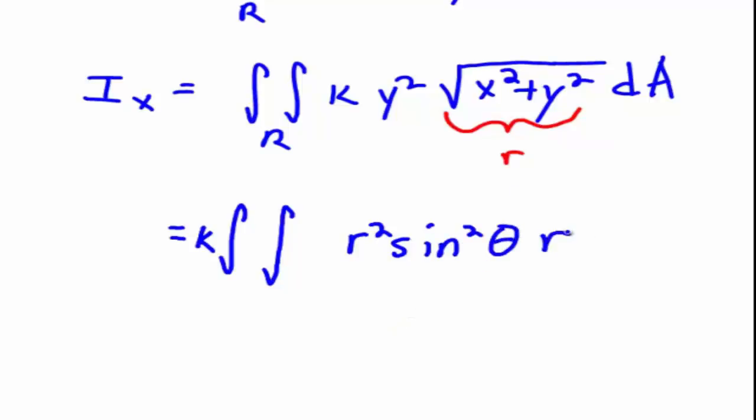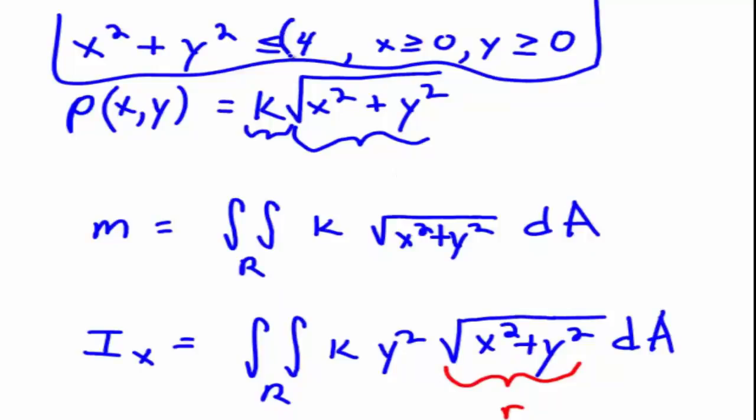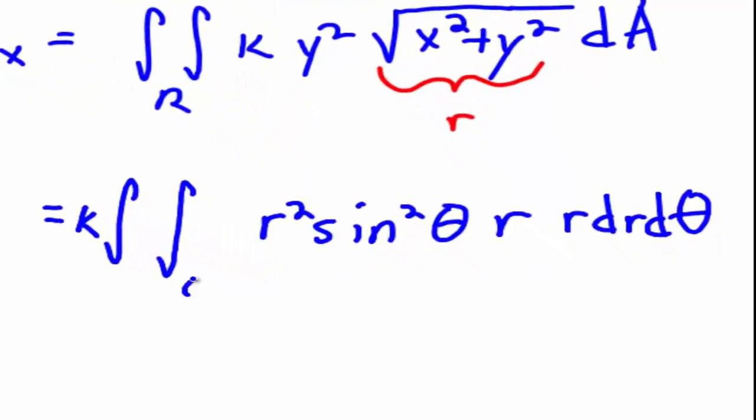And then, of course, we have an r here from the square root of x squared plus y squared, and then we have our area element, r dr d theta. The radius of the quarter circle, if you look at the equation, is 2. So r goes from 0 to 2. Theta goes from 0 to pi over 2.